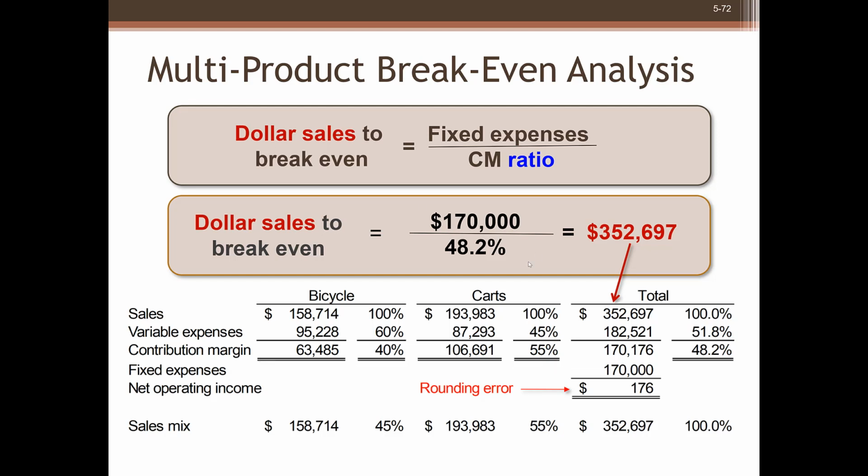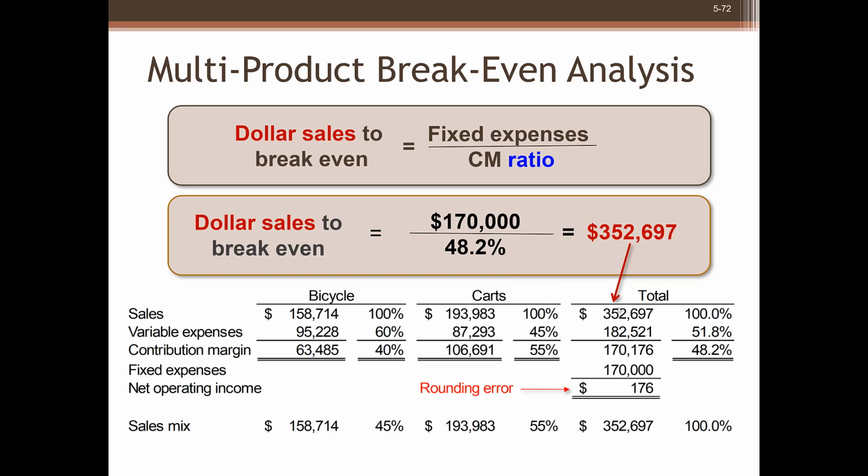And now let's take a look at total sales, variable expenses, and contribution margin for each product expected to achieve the break-even point. Here, total dollar sales to break even, we put in this column because this is total, $352,697. Keep in mind, sales mix remains constant, which means total sales of bicycles should be 45% of total sales, and the sales of cards should be 55%.